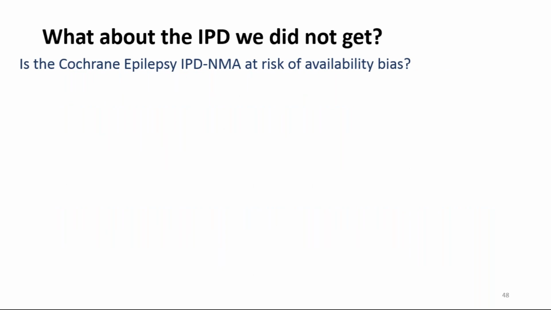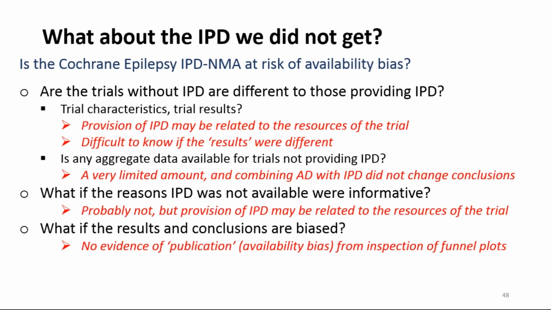So to come back to the questions that I posed a few slides ago about availability bias and how you can assess that, for our particular example, were the trials that provided IPD different to those that didn't? We found that the provision of IPD may be related to the resources of the trial, but it's difficult to know whether the results were different.